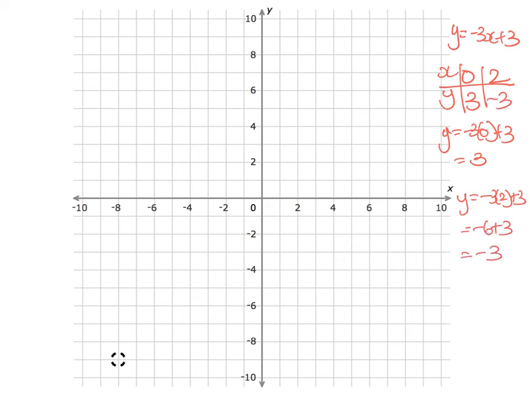So I have 2 points. I have the point 0, 3, and I have the point 2, minus 3. And therefore, I know now that I can connect both of those points and draw the line. And this will be the line y equal minus 3x plus 3.